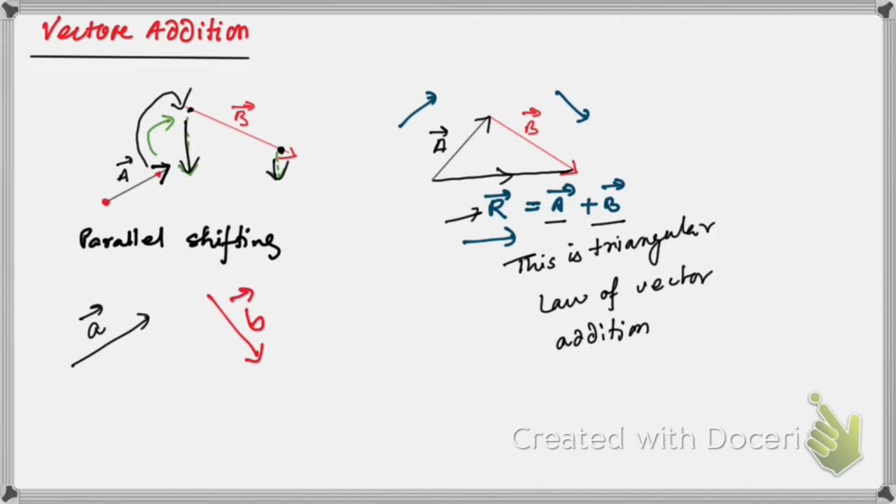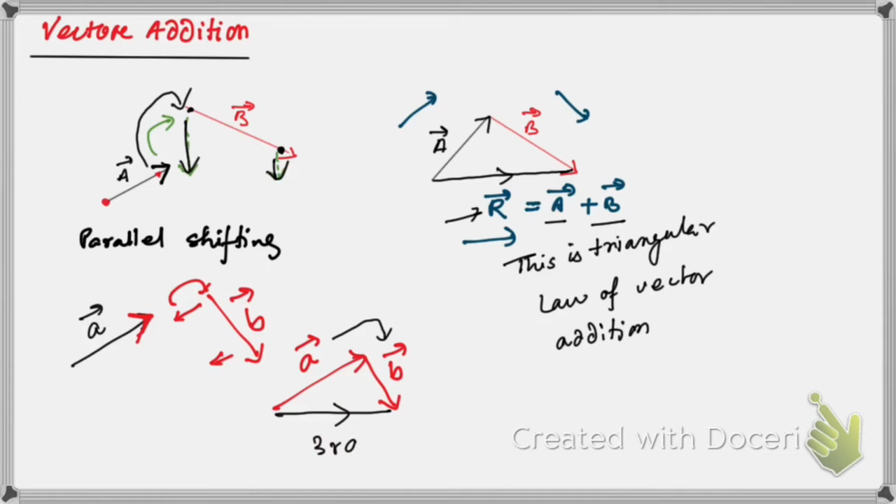We are going to join these two vectors by parallel shifting in such a way that we join the terminal point of vector A to the initial point of vector B. If you assume these are two adjacent sides of a triangle, then the third side of this triangle taken in opposite order, since we have taken vectors A and B in this order, will give the resultant vector of A plus B. So hope you have understood. This is the triangular law of vector addition.